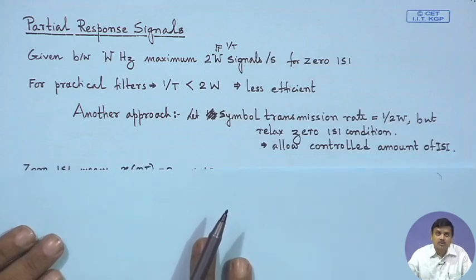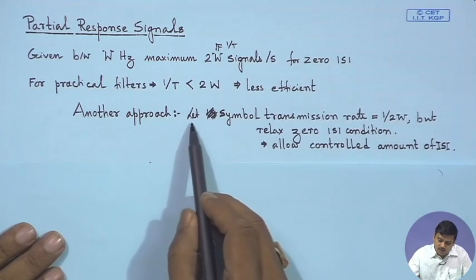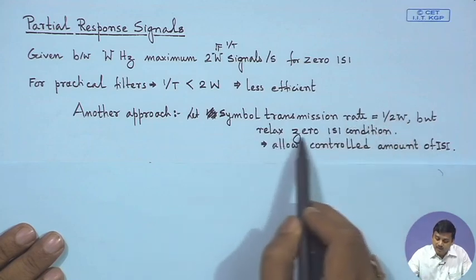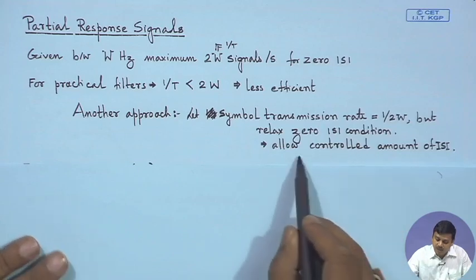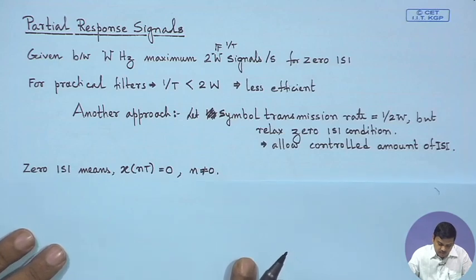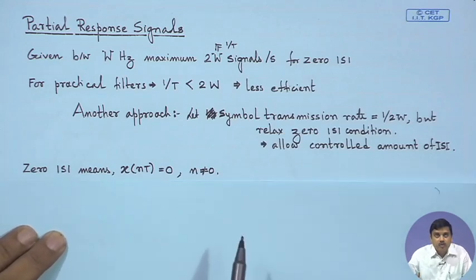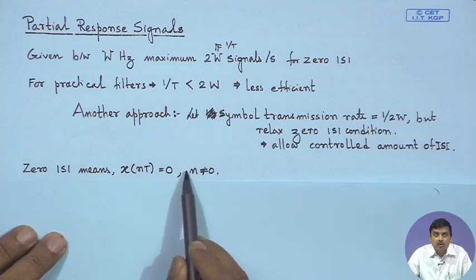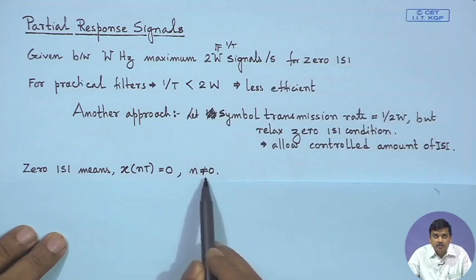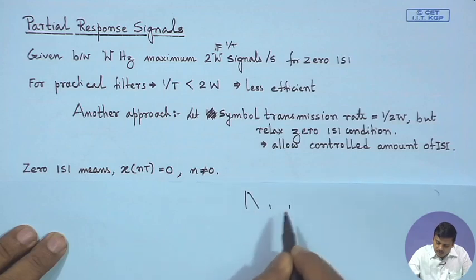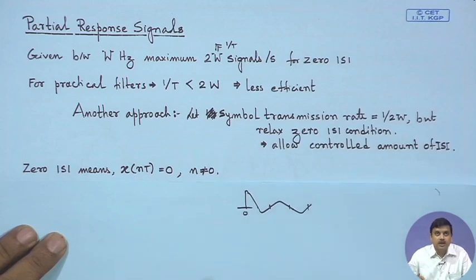So, a different approach is to let the symbol transmission rate be 1 by 2W by relaxing the 0 ISI condition and allowing a certain amount of inter-symbol interference. 0 ISI would mean that x_n(t) is equal to 0 for all n not equal to 0. That means at all positions you are going to get a 0 crossing except at 0.